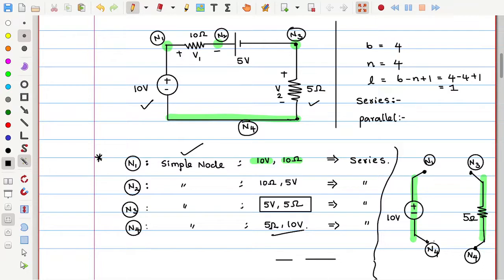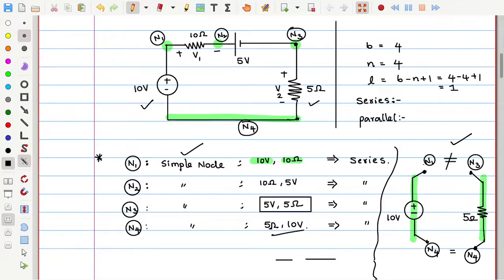One side is the same, but the other side is not. When both sides must be the same pair of nodes, then we can call it parallel. Here N4 equals N4, no doubt, but the other side condition is not satisfied.